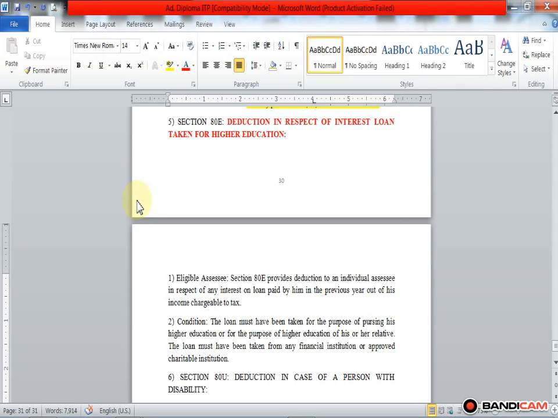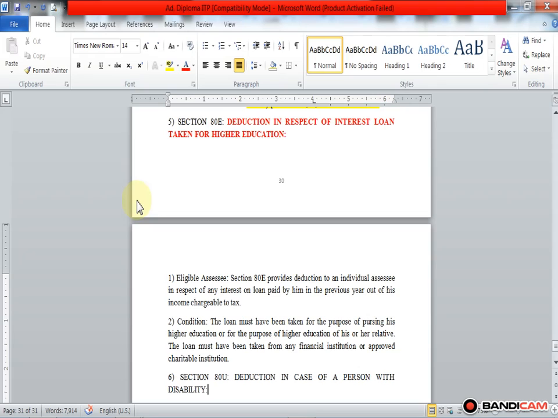So that assessee will be eligible to take a deduction under section 80E. Here some conditions are given. Condition: the loan must have been taken for the purpose of pursuing his higher education or for the purpose of higher education of his or her relative. The loan must have been taken from any financial institution or approved charitable institution.